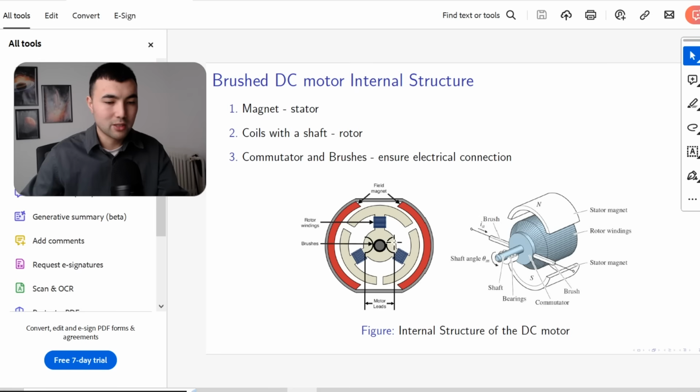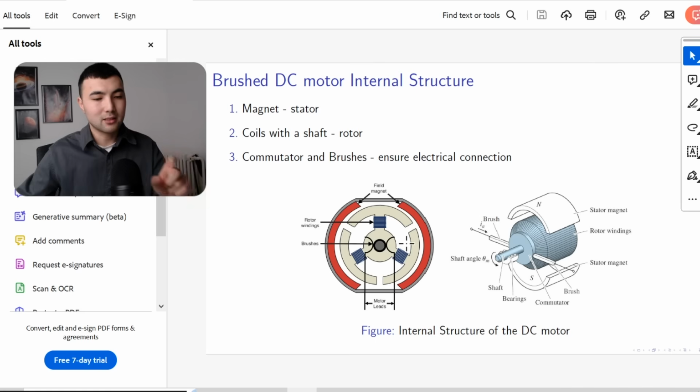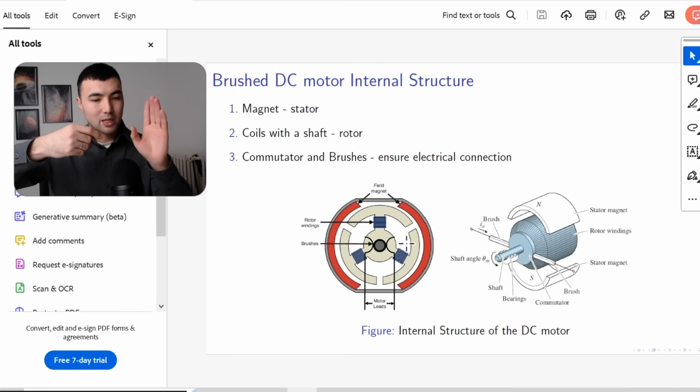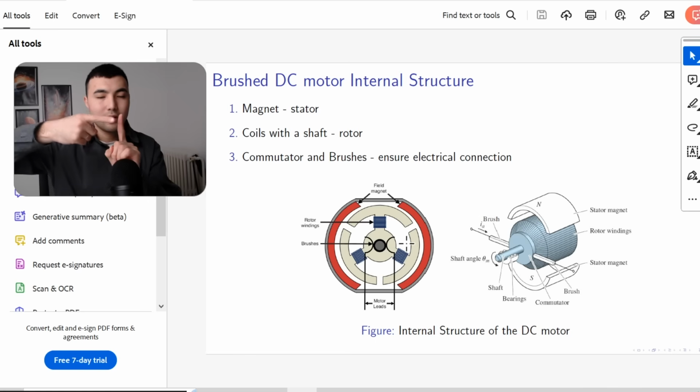So this brush, this wire, is basically touching the commutator. Then we have a brush, which is basically touching the rotor, but it's not fully fixed. So the rotor can still rotate, but the brush is always in contact with the rotor.